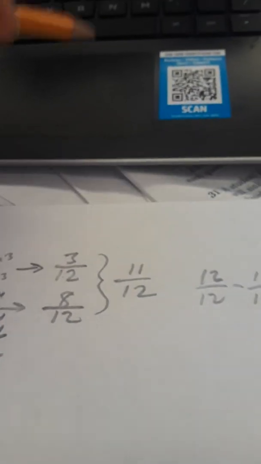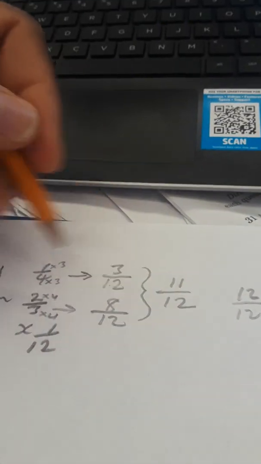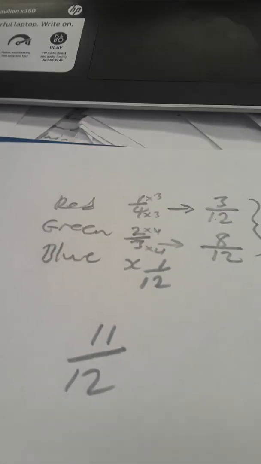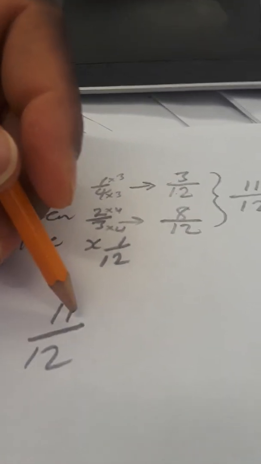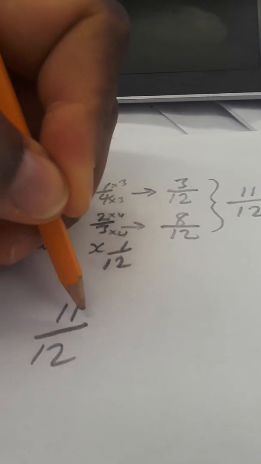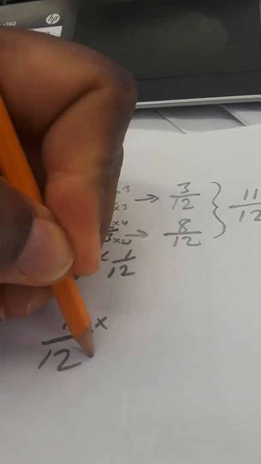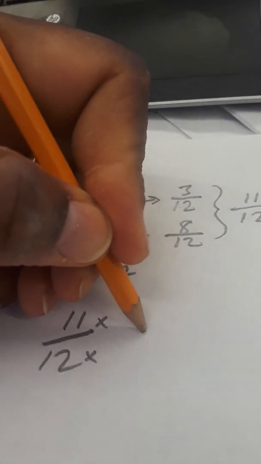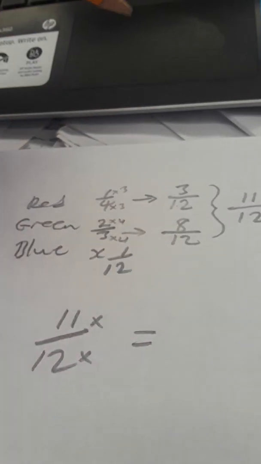So by inspection, we are going to look, red and green together is 11 over 12. So let's try this, 11 over 12. What can I multiply 11 by and 12 by, one number, to get one of these numbers?